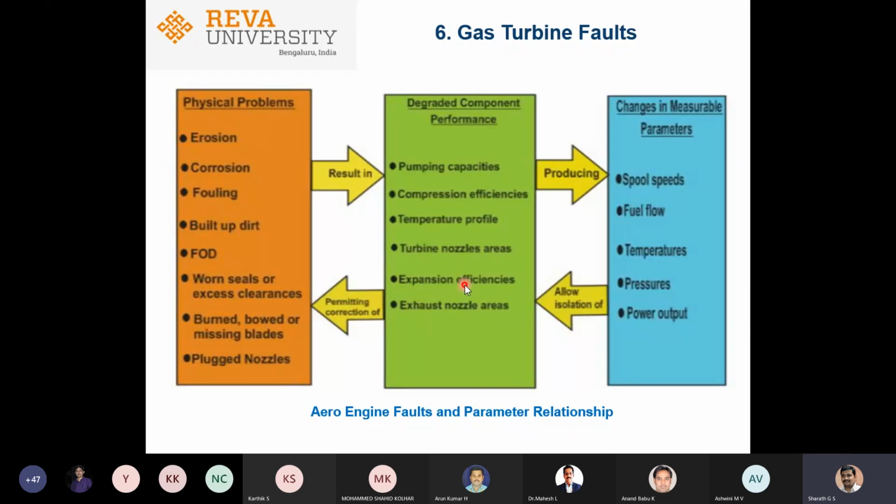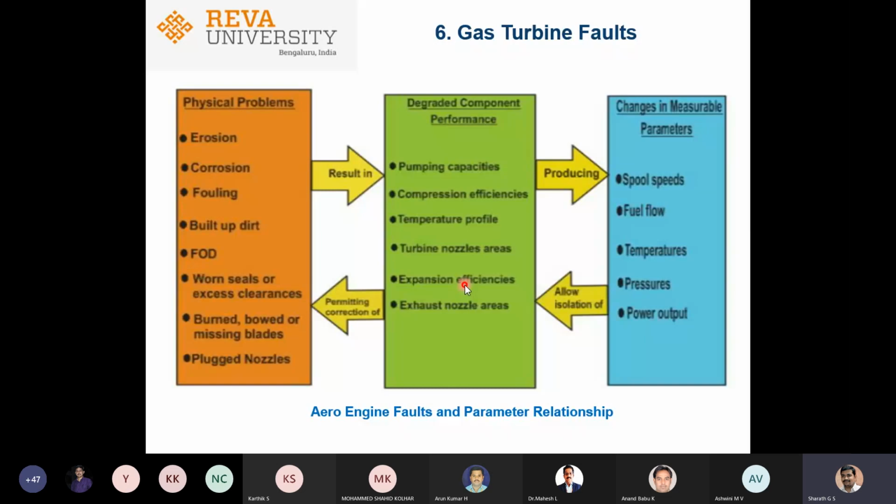You can see there would be some changes in the component performance, like the compressor efficiency, and the high pressure shaft speed may fall down. It could be because of any of these reasons, and it will have a tremendous impact and result in changes in parameters.